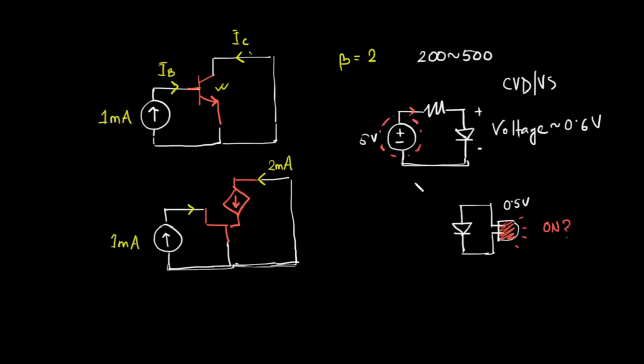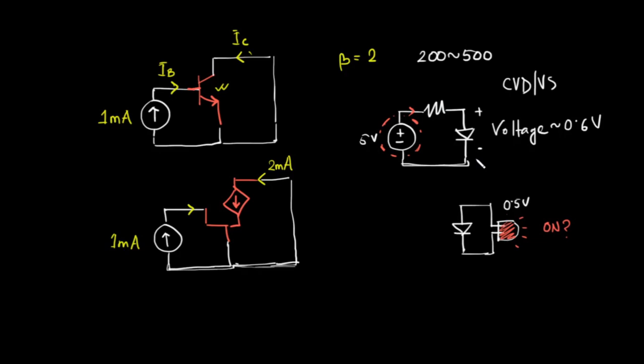A diode cannot produce the 0.6 volt on its own. I mean, if you have a supply of 5 volt, then the diode can consume 0.6 volt. The diode can say to the supply, okay, I need 0.6 volt to operate, and you can use the rest of the voltage, the 4.4 volt that you have, anywhere else in the circuit.